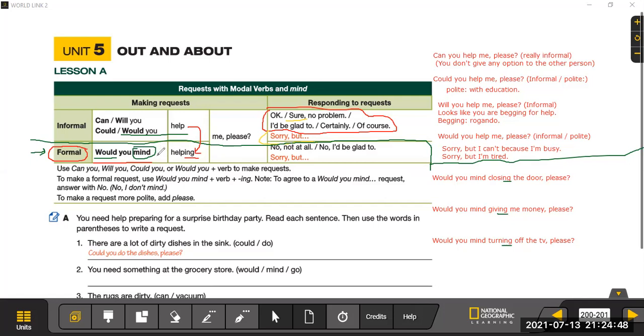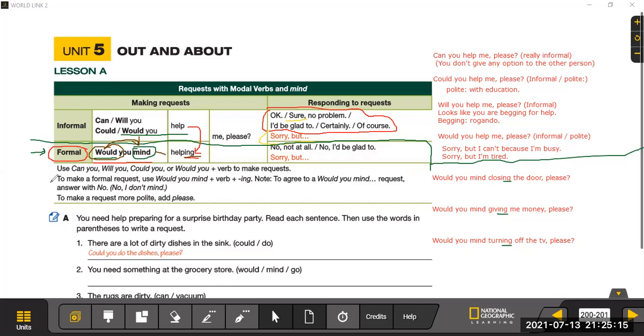Remember, these are modal verbs also, but they don't have mind. If you use would, this modal verb plus mind, in that case, yes, you have to change the verb. You have to add ing to the verb.